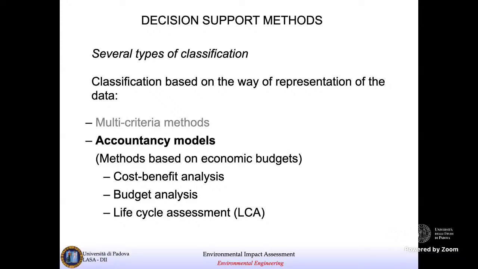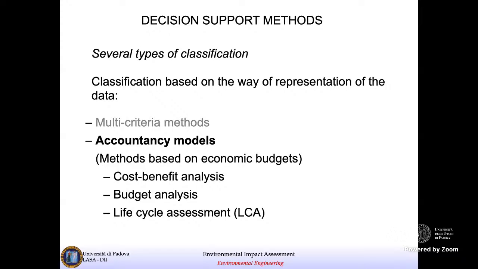The other set of classification is linked to the accountancy models. It is the subject of the lecture of today. Accountancy models are methods based essentially on economic budgets. The typical one is cost-benefit analysis, the one we will discuss today. That is the prototypical accountancy method.